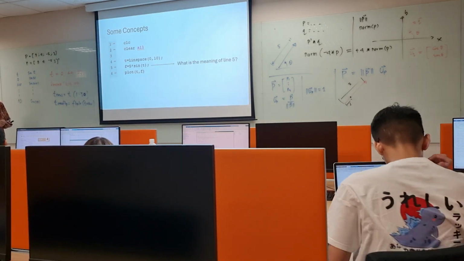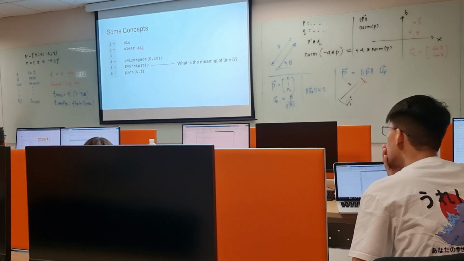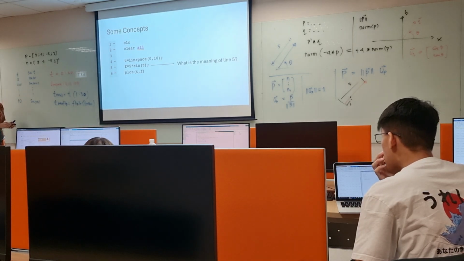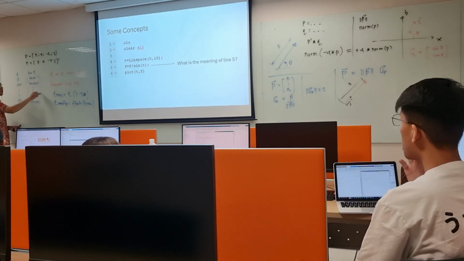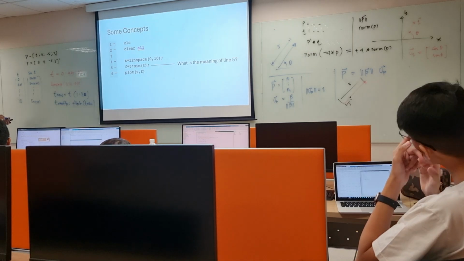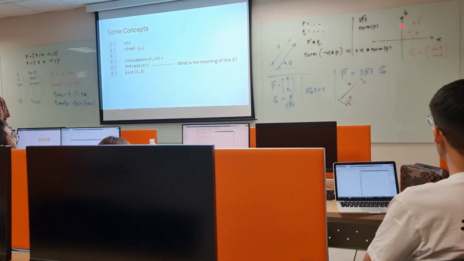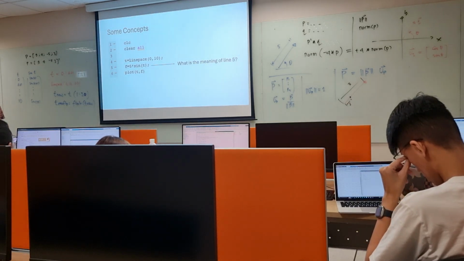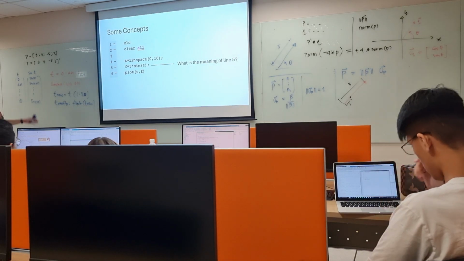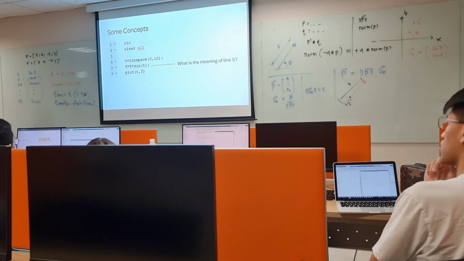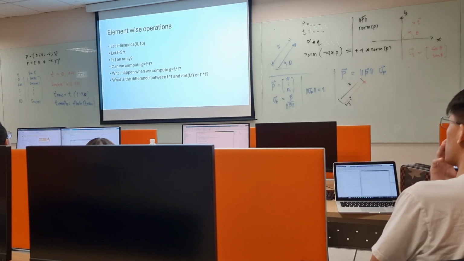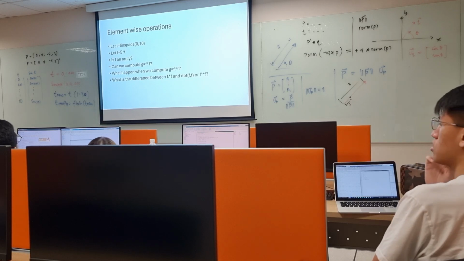So step by step, that's MATLAB. So this is a vector. This is an array that you have to treat the same way as you treat a vector. Which is why you will find the element-wise operation.